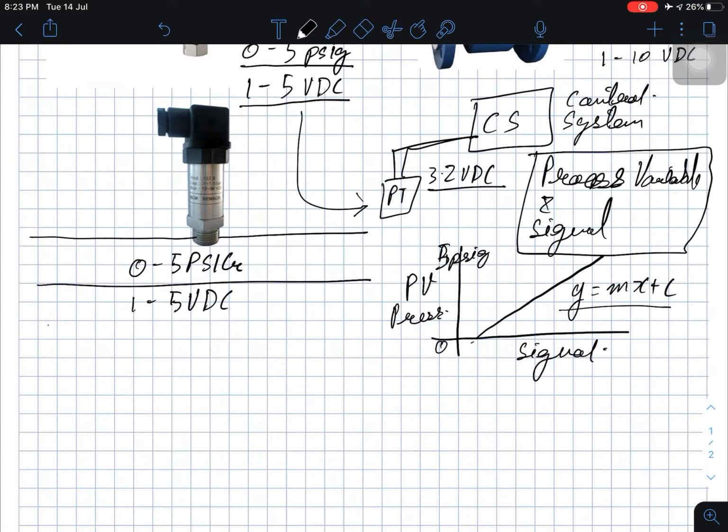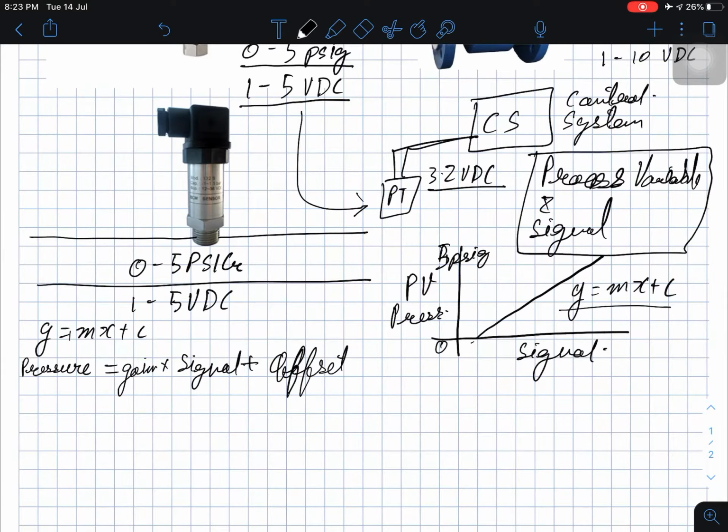If you look at this equation, y equals mx plus c, here y denotes the process variable, or the pressure in this case. x is the signal, and what are m and c? c is the offset, basically the response of the system when there is no signal available, and m is the gain. Gain is the relation between the pressure and the signal, or the process variable and the signal.